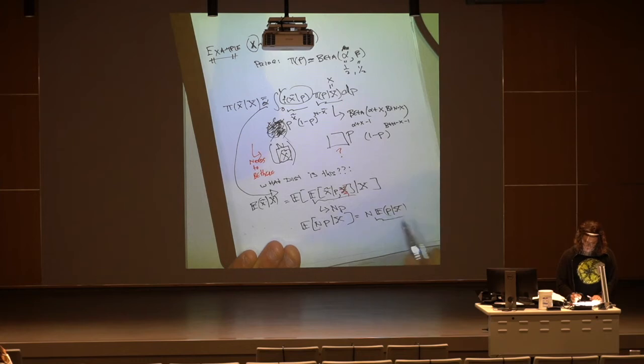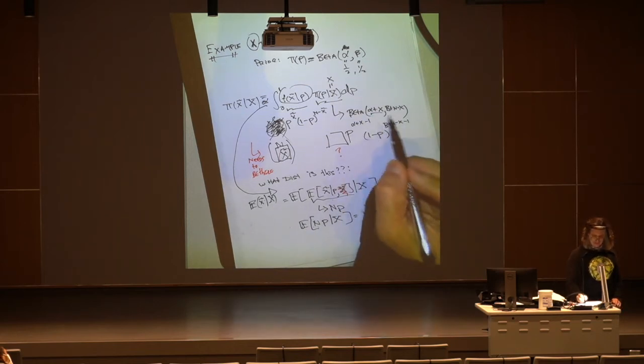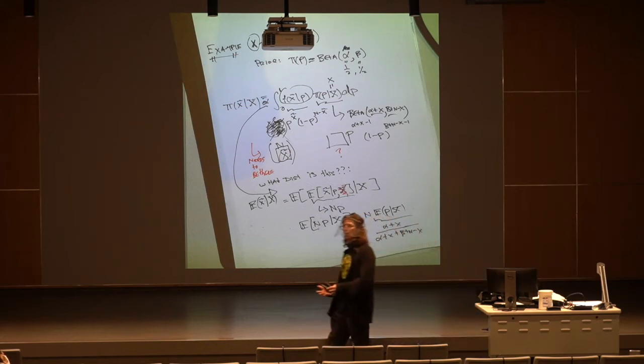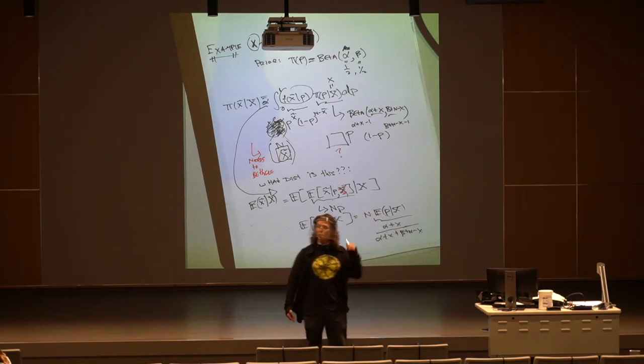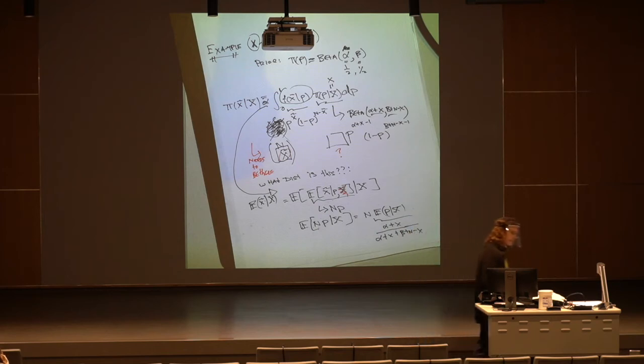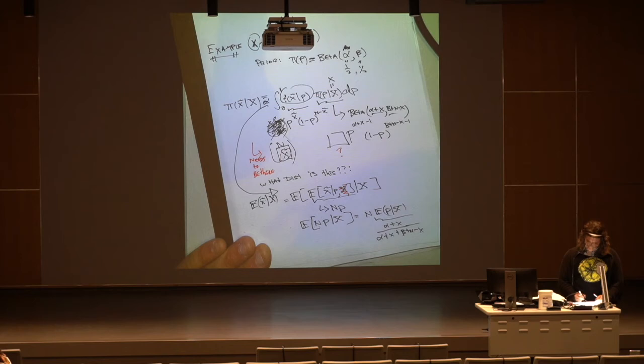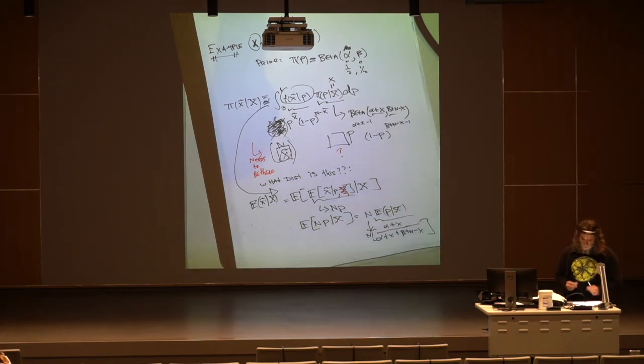The expectation of p given x is going to be alpha plus x over alpha plus x plus beta plus n minus x, this over the sum of those two things. So it's going to be bounded by 1. I can check that; that thing is always between 0 and 1. And so that's what that expectation is. So this whole thing is n times that. That's kind of cool.